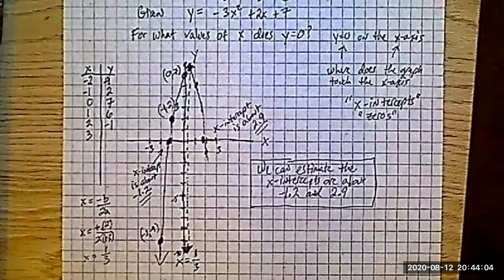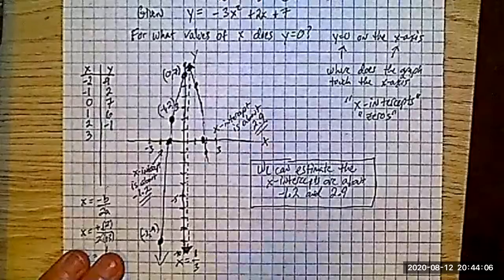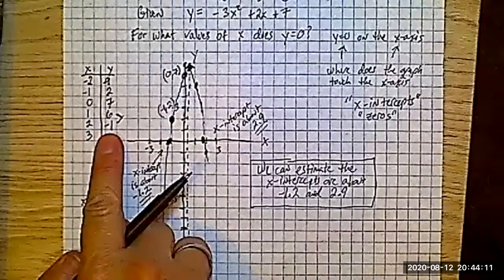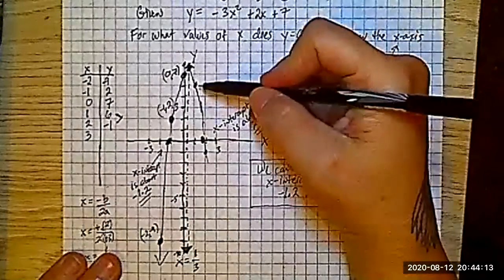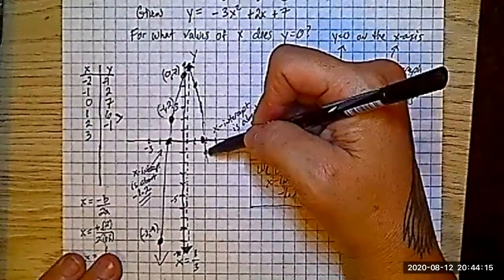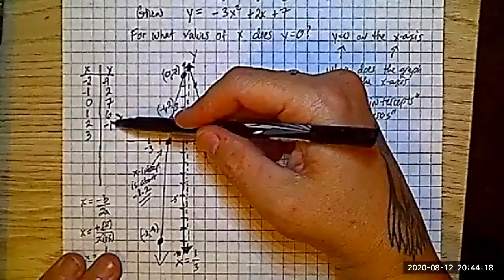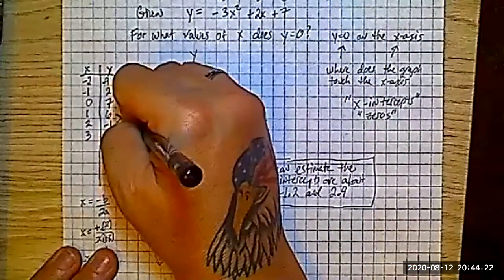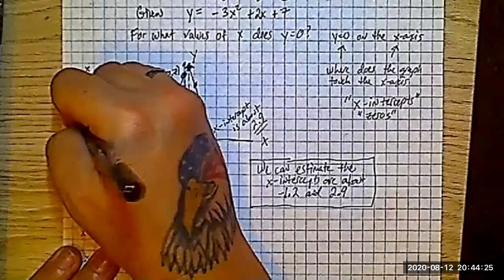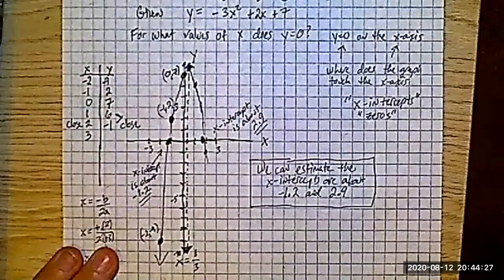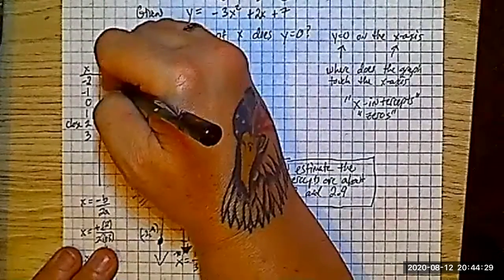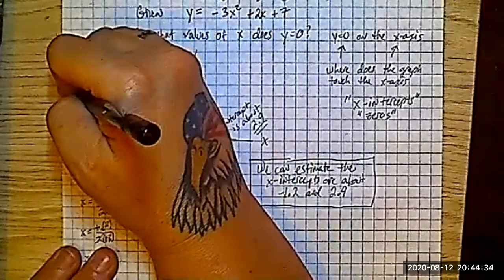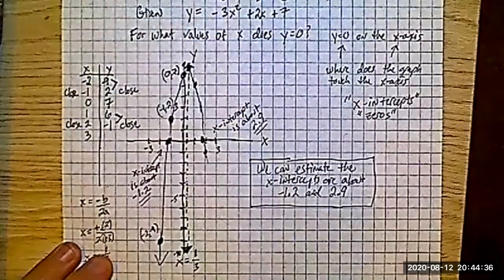Okay, and remember also, you can identify these because right here, the y-coordinates switch from positive to negative because it switched from positive 6 to negative 1. And because this is so close to the 0, we know it's going to be close to 2. If it's close to this one, it's going to be close to this one. And then up here, we switch from negative 9 to positive 2. It's going to be closer to negative 1 than it is to negative 2.